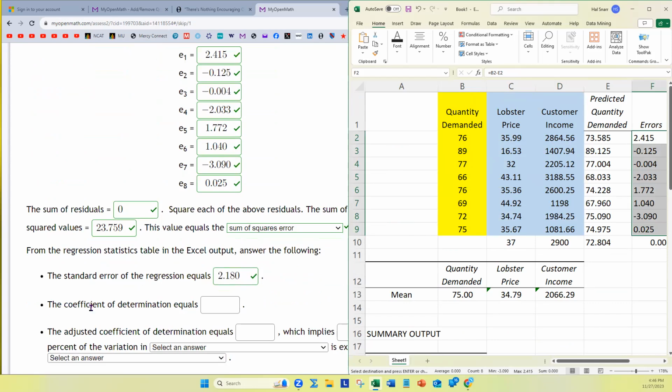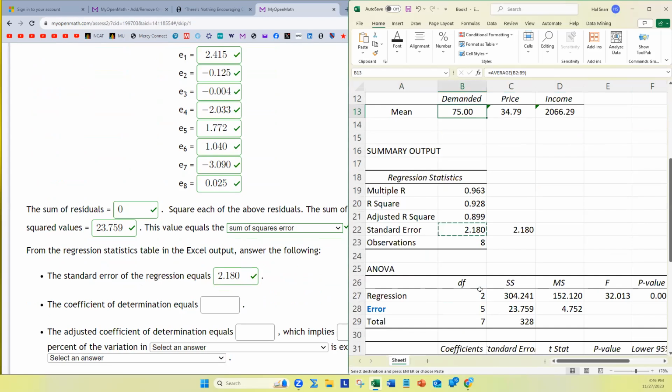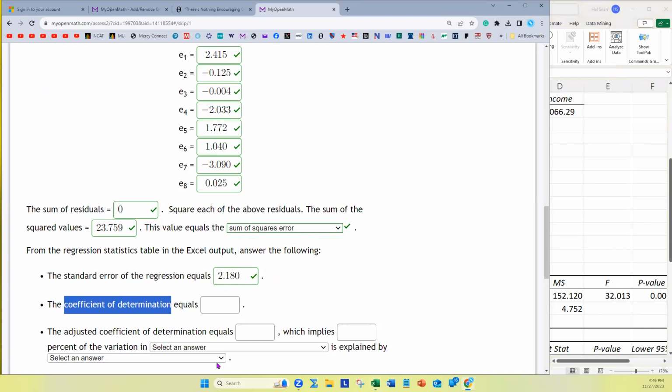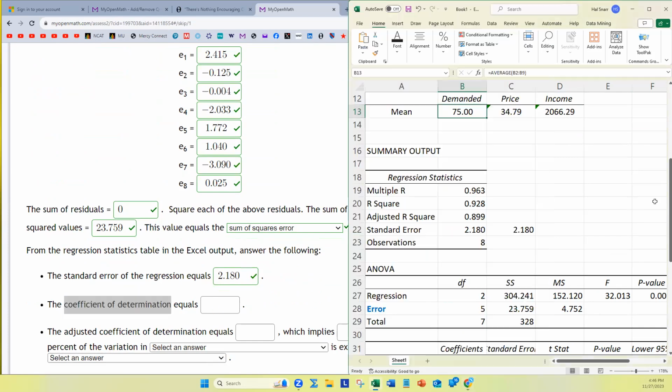Okay, so we need to find the coefficient of determination. The coefficient of determination is just called the R square, right? So the coefficient of determination is the R square. And it is 0.928.